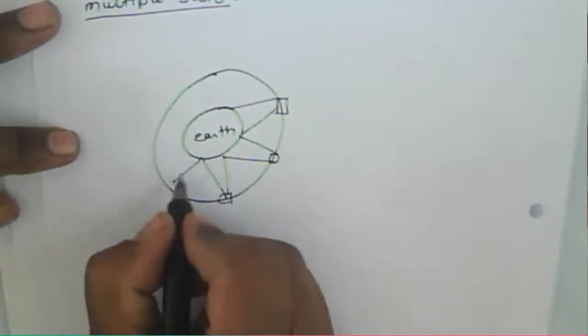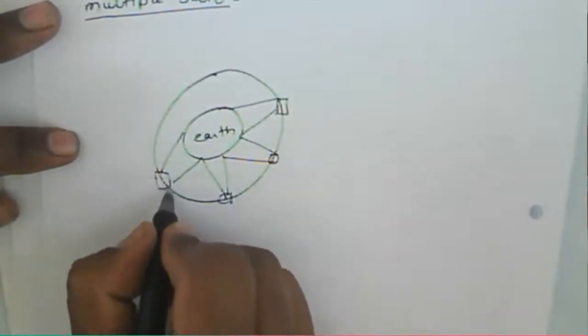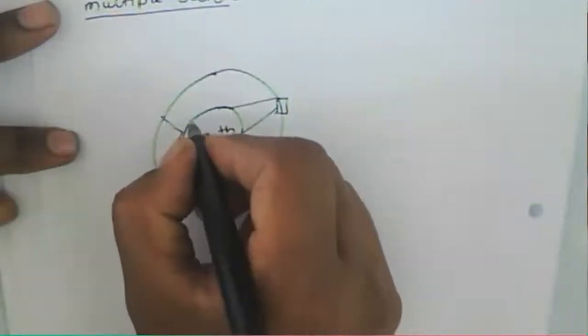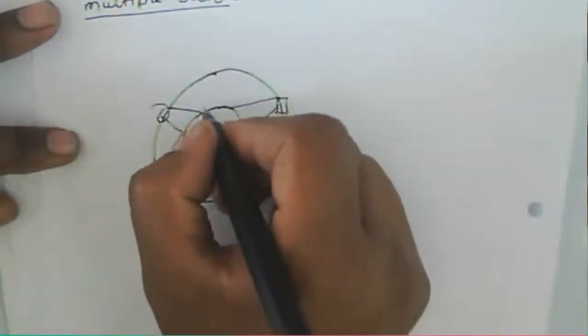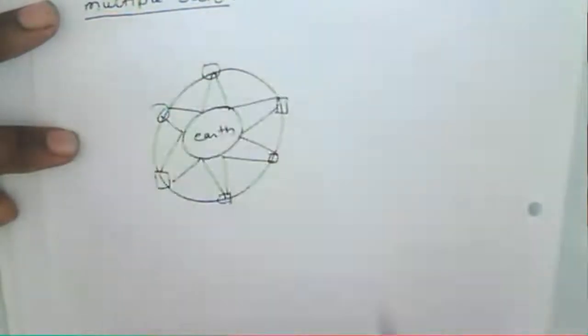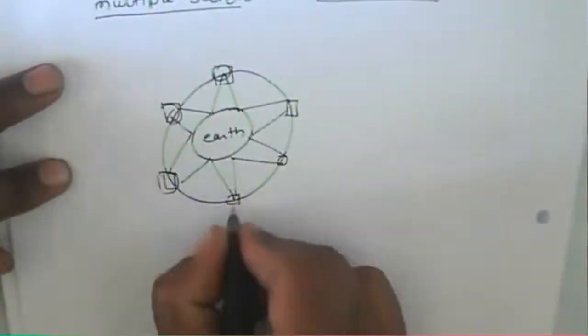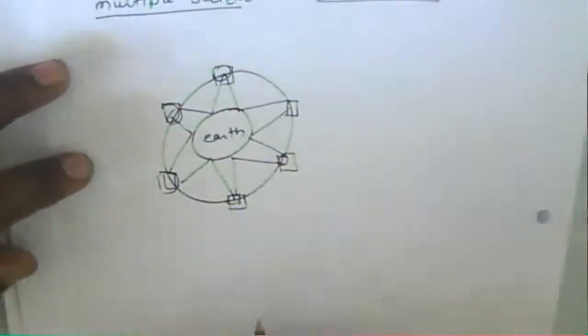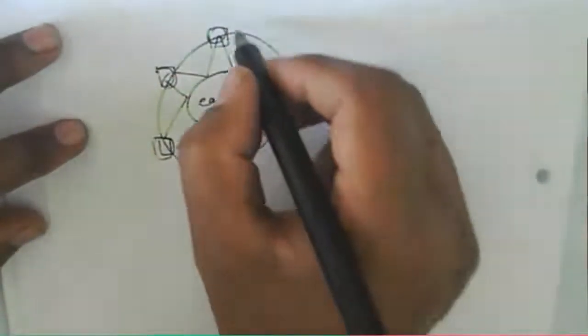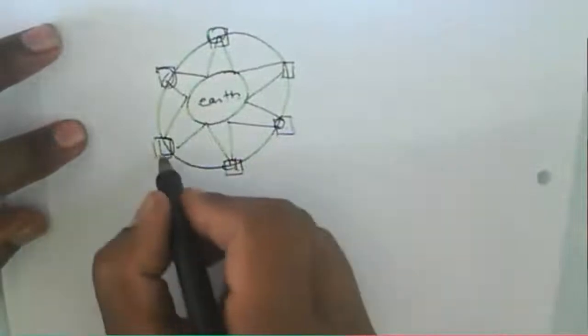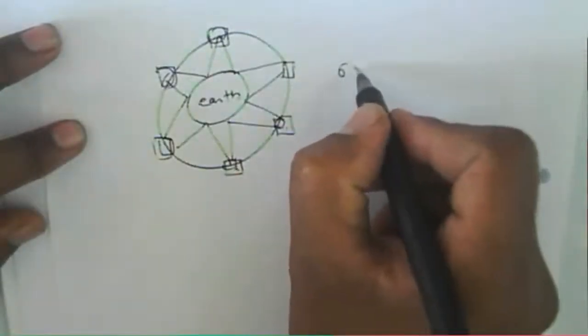For another area coverage, another satellite. To cover the complete Earth, we require multiple satellites.